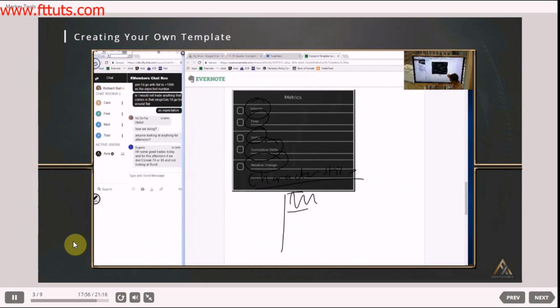And we go through and we ask ourselves these questions, and we answer. We say to ourselves, okay, well, within this breakout, I observed there was extremely high volume, and I write it out. And the same thing, I write out the time of this event. I look at the delta and the relative change, and I write this all out. And again, why do we do this? Because guess what? You're always going to get breakout trades in the markets.